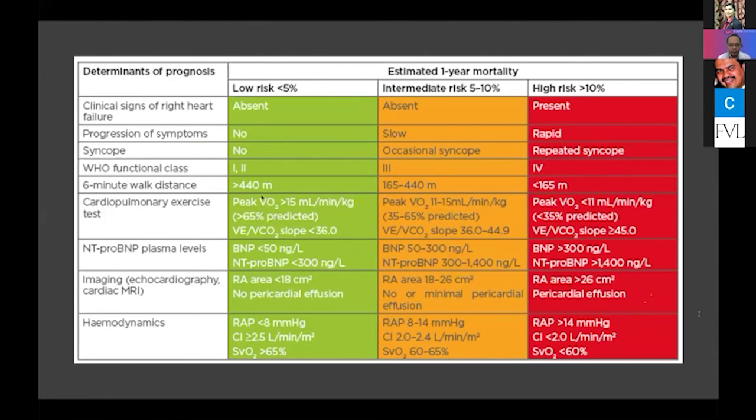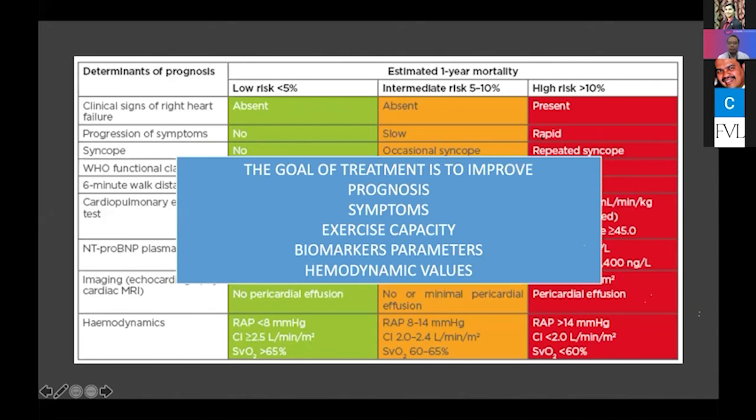So if the patient is deemed as low risk, the risk of mortality is less than 5%. So if you have symptoms, you can straight away start treatment for this low risk patient. This is really important, because if you have the intermediate and high risk, your aim of management is to improve prognosis, meaning that if you have a patient in the red color, you start all the treatments, and you want this patient to be in the orange color.